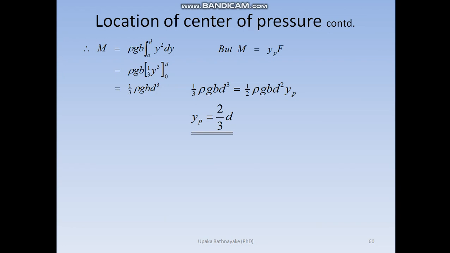Now what is the direction? Obviously it has to be perpendicular to the surface. So we found the magnitude, direction, and the point of action of the resultant force on this particular vertical wall for the simplest case.